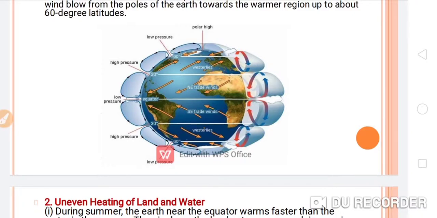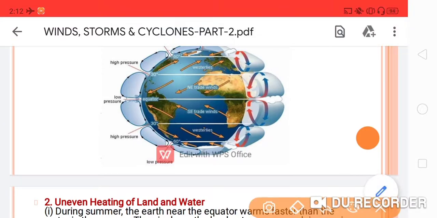In this figure you can see the movement of the wind. Here you can see the equator, and whatever countries and surface area of the earth come under the equator, the air here will feel more and more heat because the sunlight is exposed on that surface.